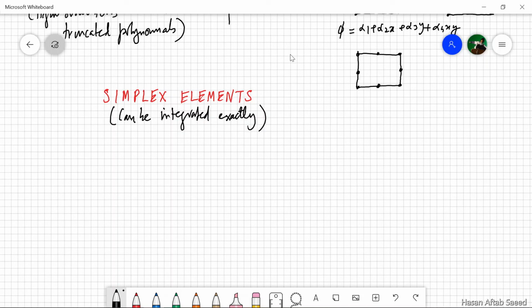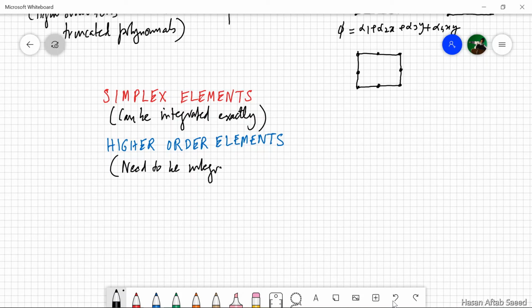Now, as compared to this, the higher order elements, this would include multiplex as well as complex elements, need to be integrated numerically.